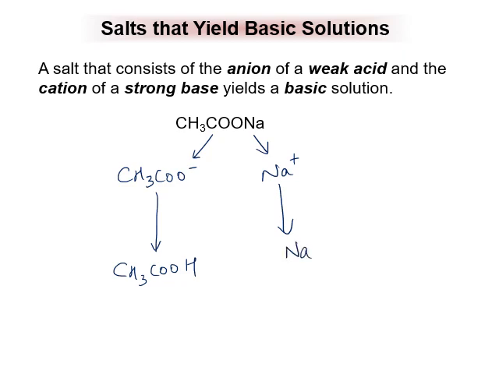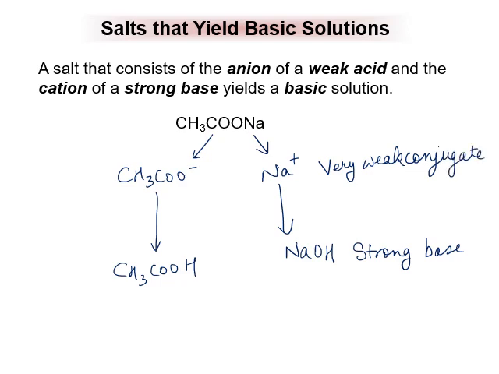This is coming from NaOH. This right here is a very strong base, which means this is going to be a very weak conjugate acid, and this does not affect my pH.